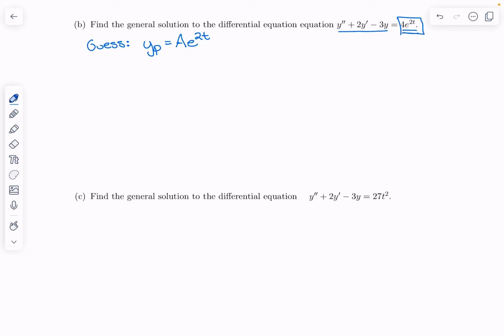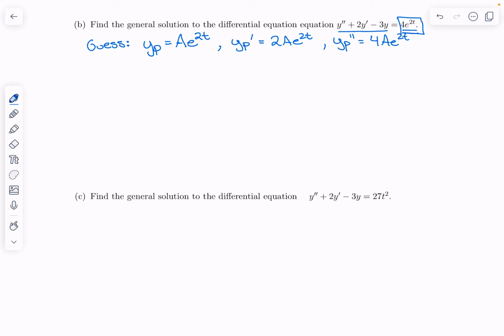So I'm going to now plug this guess into the differential equation. I'll need to know what the first derivative is, which is 2a e to the 2t, as well as the second derivative, which is 4a e to the 2t.